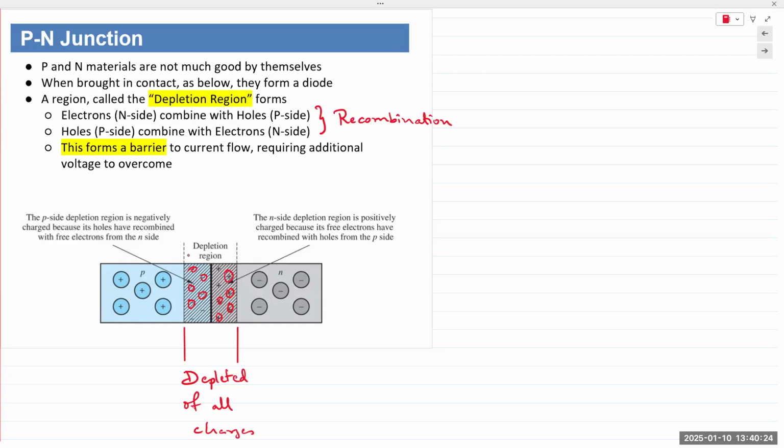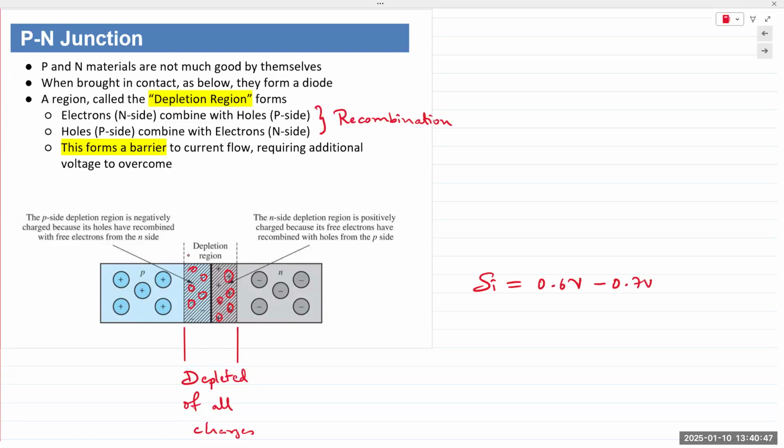That gap that is established depends on the material property. If you create your P and N type material from silicon, the external voltage that is required to overcome it is around 0.6 volts. It's typically around 0.6 to 0.7 volts.